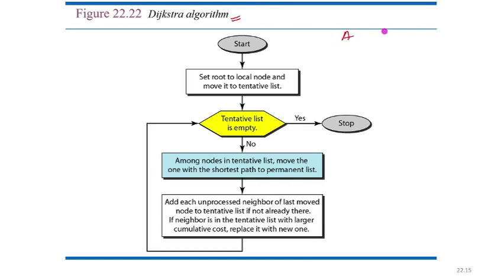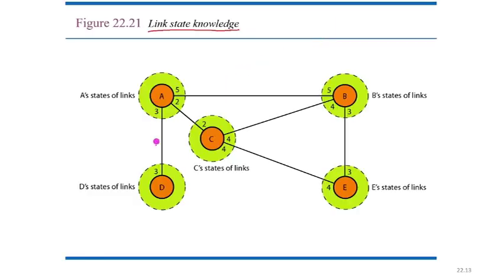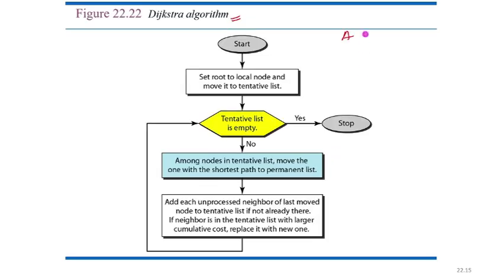There are basically 5 different routers: A, B, C, D, and E. Suppose we are moving from A to B, C, D, and E. What is the shortest path from A to B, C, D, and E? We will be able to find it with this.